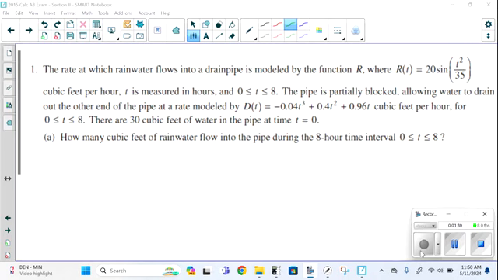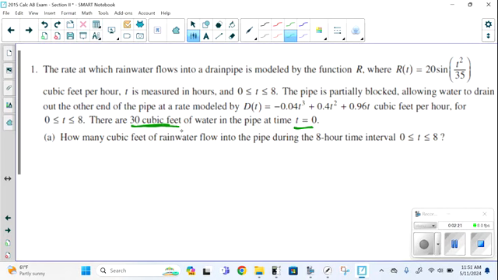The pipe is partially blocked, allowing water to drain out the other end of the pipe at a rate modeled by d of t, which is negative 0.04 t cubed plus 0.4 t squared plus 0.96 t cubic feet per hour for time between 0 and 8 inclusive. There are 30 cubic feet of water in the pipe at time equals 0. All right, that's a good thing to know. At time 0, we already have 30 cubic feet of water in the pipe. That will come into play at some point in this problem.